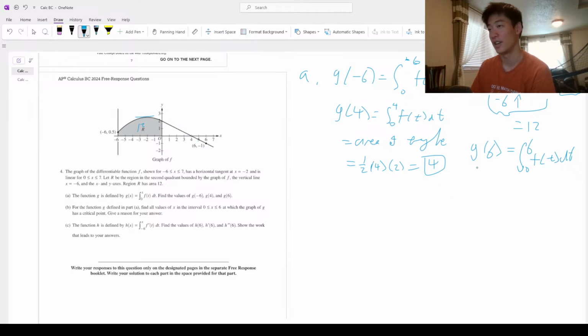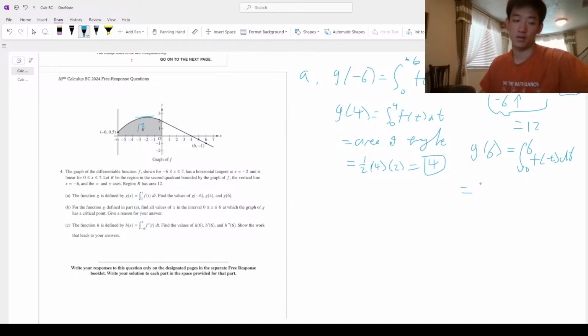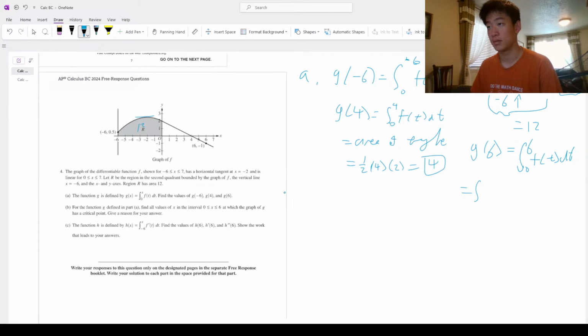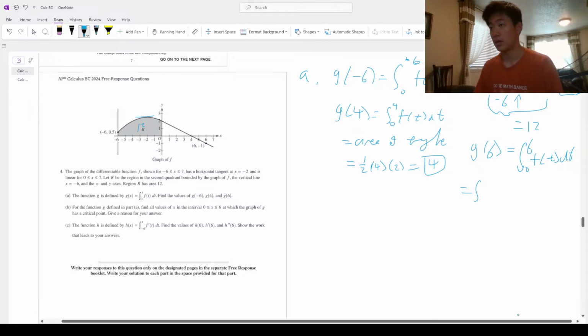So it doesn't really matter how you want to express that, but one way to do it is to write it as, okay.